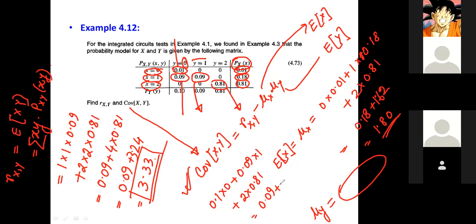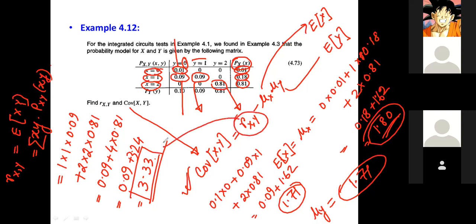That is 0.09 plus 1.62, which means 1.71. So mu y is 1.71, mu x is 1.8, and the correlation is 3.33.